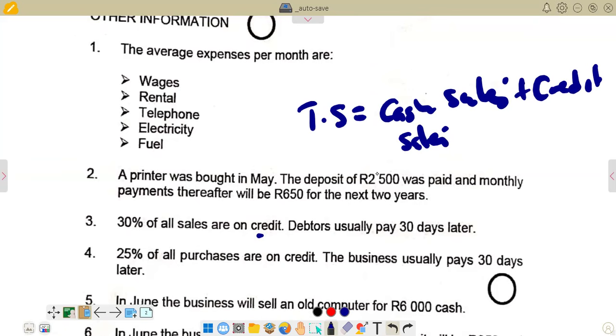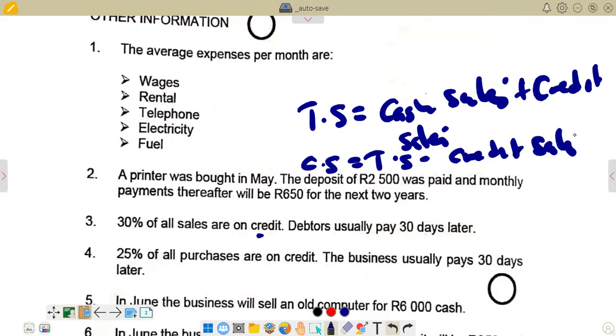So to get the cash sales, we are simply making it up with the formula whereby cash sales will be equal to our total sales minus our credit sales. In this case, our total sales will be 100%, and then you subtract the 30%, and you are left with 70%. So our cash sales is going to be our 70%.